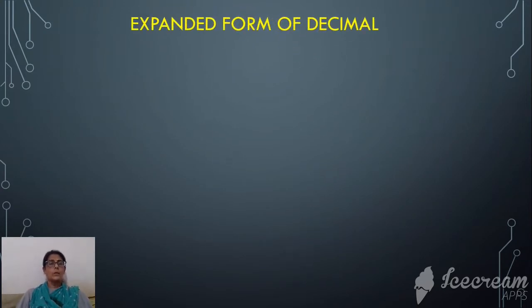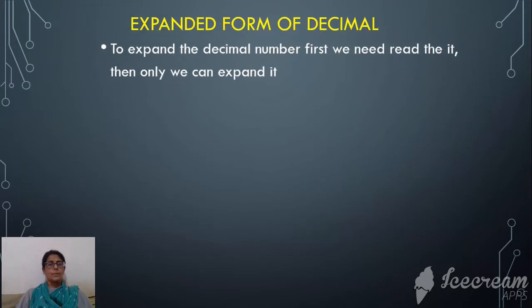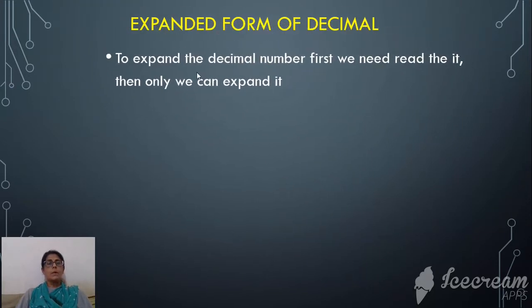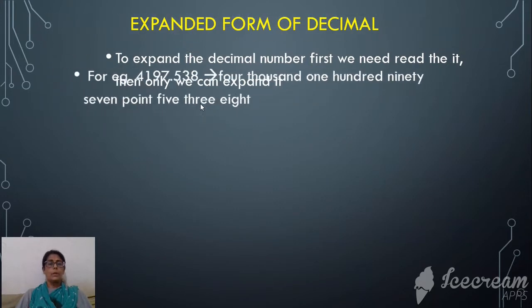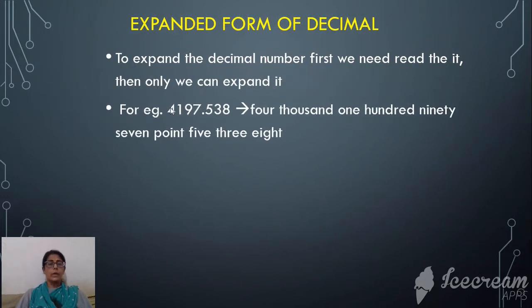Now how to write the decimal in expanded form. To expand the decimal number, first we need to read it, then only we can expand it. Just now we understood in the last slide how to read, right? So first, in the example, which number can you find here? 4197.538.